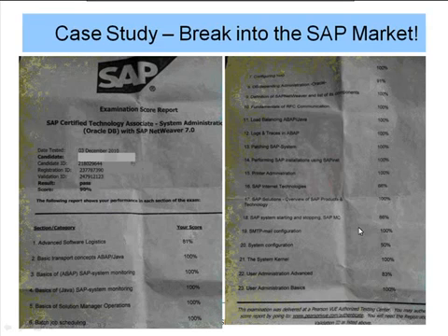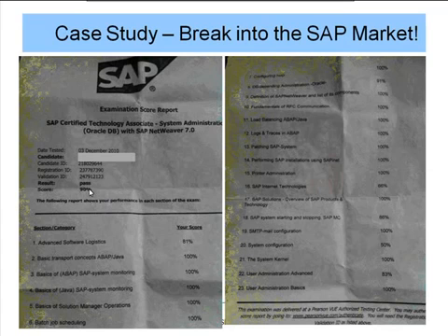She had 100% in most of the areas except a few, internet technologies for SAP and system configuration for SAP. I was very upset with her about that, we spent a lot of time on this and she had only 50%. But overall, she had a 90% score, which is good.